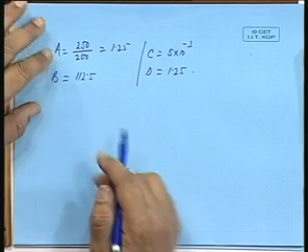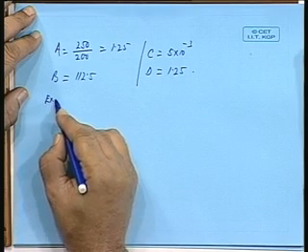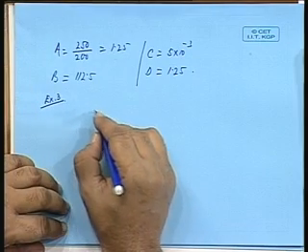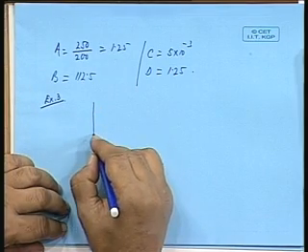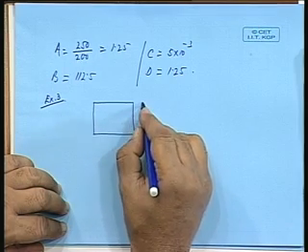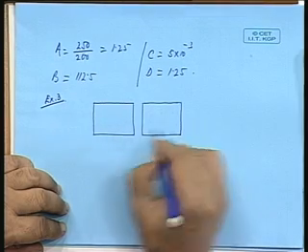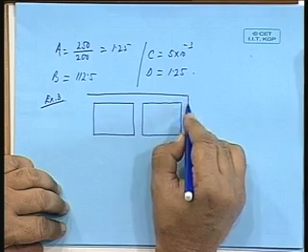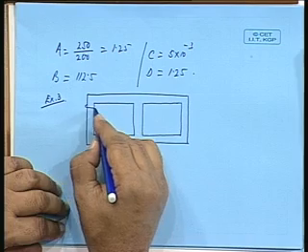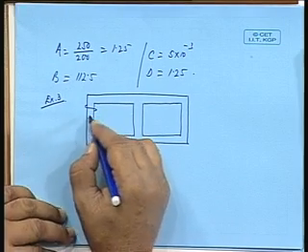Next, we have a question. Determine for a network like this, a coupled circuit having 3 coils wound on this steel structure.